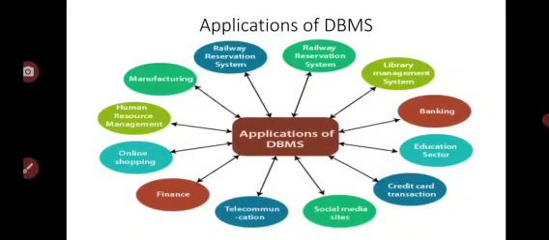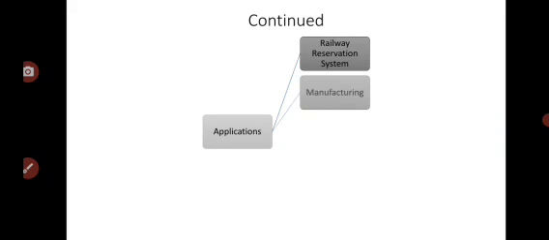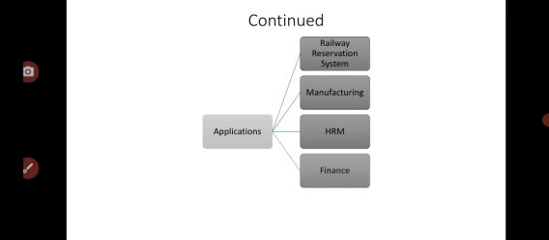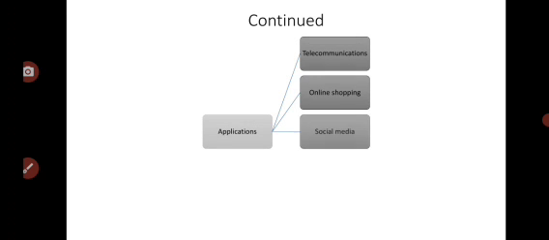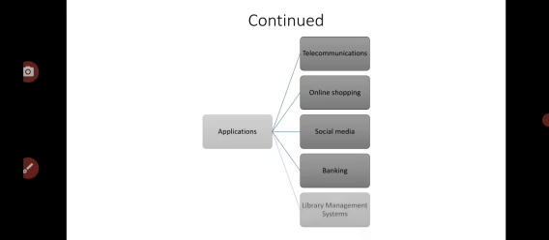There are several other areas it covers, but only a few are mentioned in this particular slide. Applications: railway reservation system, manufacturing, HRM, finance, education, telecommunications, online shopping, social media, banking and library management systems.